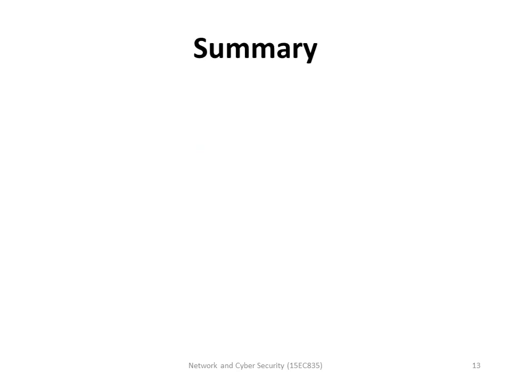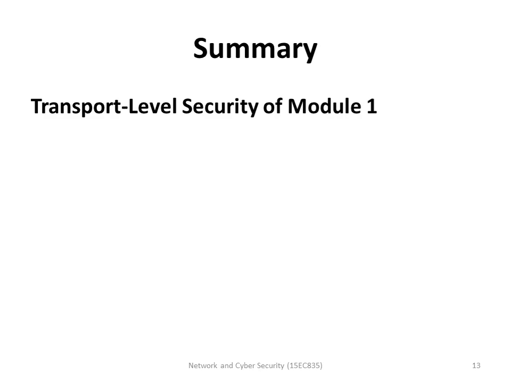Now, coming to the summary of this video lecture, we have seen the transport level security of module 1. In that, we have seen web security considerations, where we looked at the four threats: integrity, confidentiality, denial of service, and authentication.